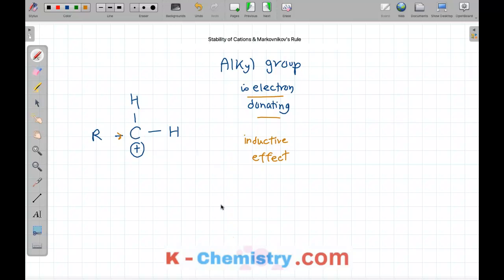Inductive effect means that they push electrons away from themselves towards a positively charged carbon and cause the carbocation to become less positively charged. That's why it becomes more stable. This means that the tertiary carbocations are the most stable because they have three electron donating alkyl groups that energetically stabilize the carbocation by pushing electrons towards it and making it less positively charged.